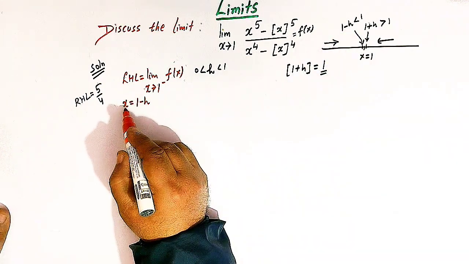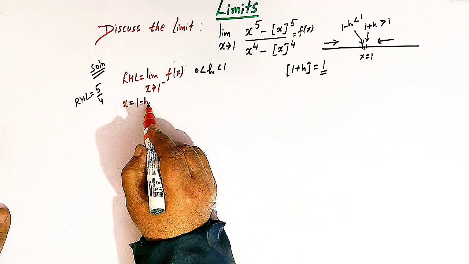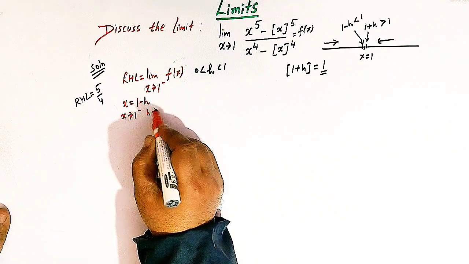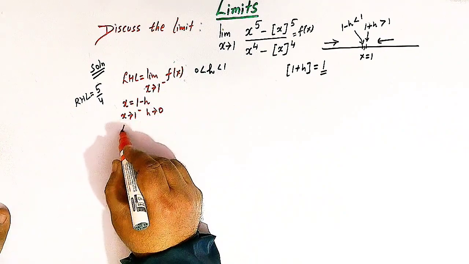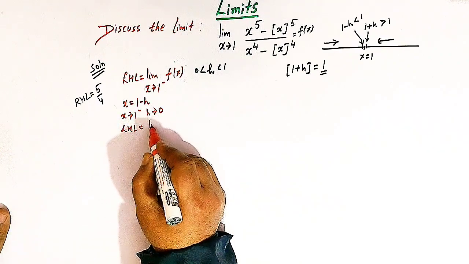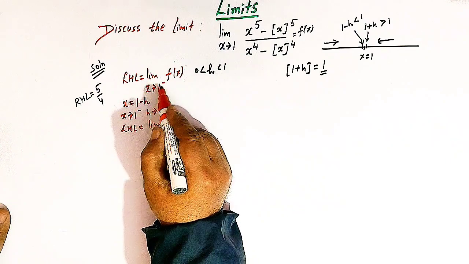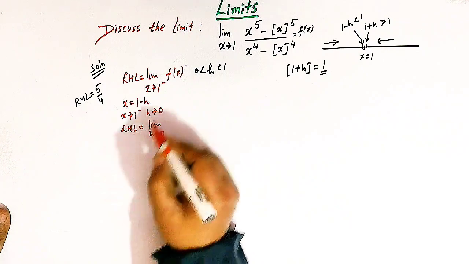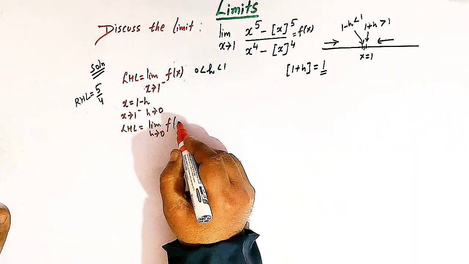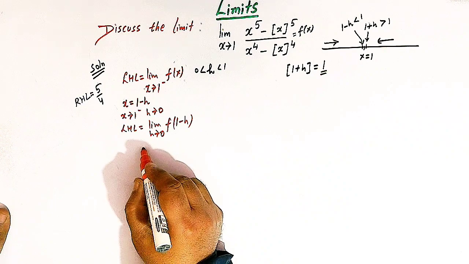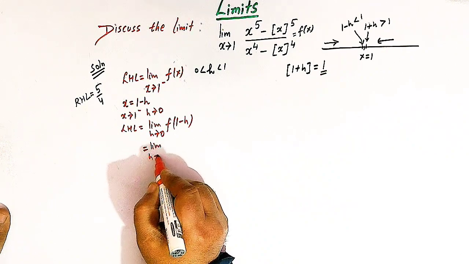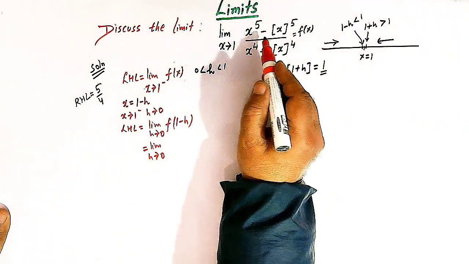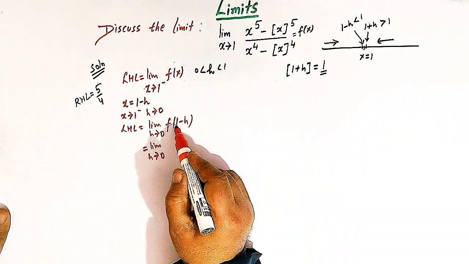So when x tends to 1, then h tends to 0. So now the left hand limit is limit h tends to 0 of f of 1 minus h, right? Now the value of f of 1 minus h can be obtained by replacing x by 1 minus h.